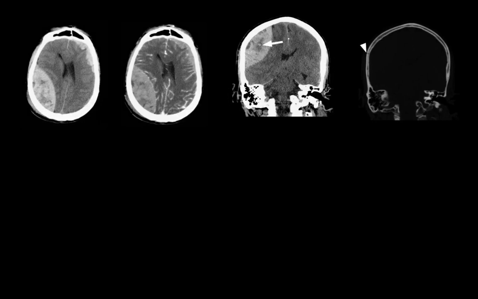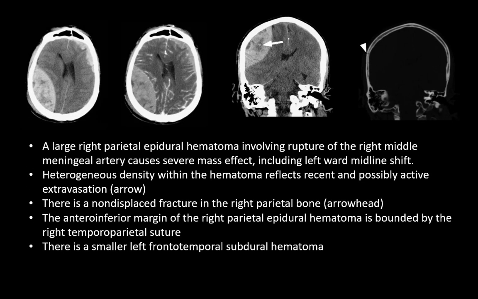In this selected axial and coronal CT of the brain, soft tissue window and bone window, we can see a large right parietal epidural hematoma involving the rupture of the middle meningeal artery that causes severe mass effect, including leftward midline shift and some compression of the lateral ventricles, and there is a heterogeneous density within the hematoma that reflects recent and possibly active extravasation, and this is marked by the long arrow.